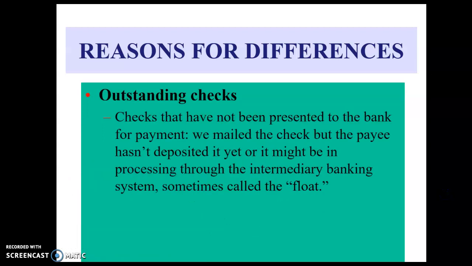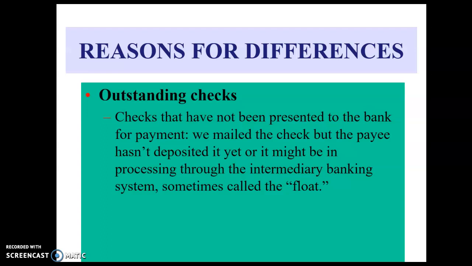These are checks that we wrote and we mailed, or we gave the check in some form or fashion to whoever it was supposed to go to, but maybe they haven't deposited it yet in their bank, or maybe they did, but it hasn't yet gone through the intermediary banking system and come out of our bank account yet. So these checks are called outstanding checks. They're out there somewhere, but they haven't hit our bank yet.